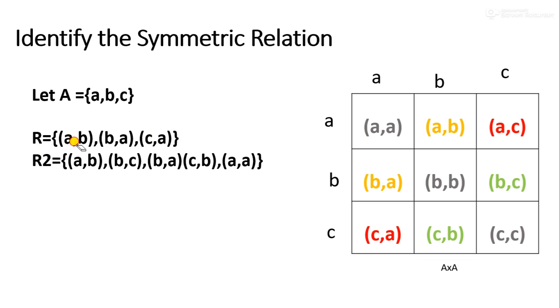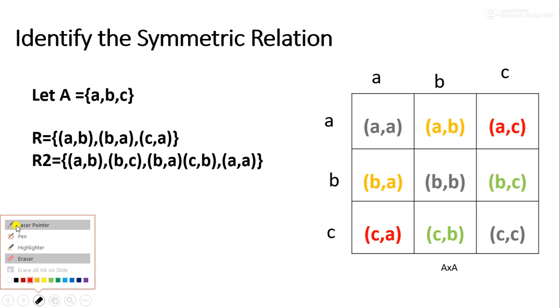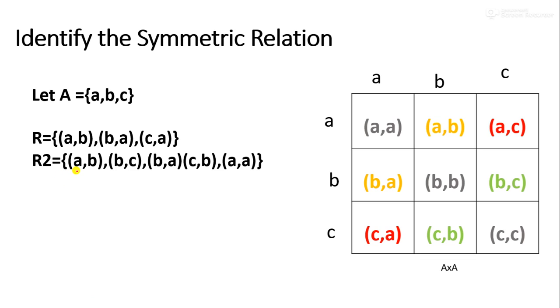Here in R2 we have the first element AB, so we need to have its symmetry element, that is BA. The symmetry of AB is BA, and we have this element BA here.